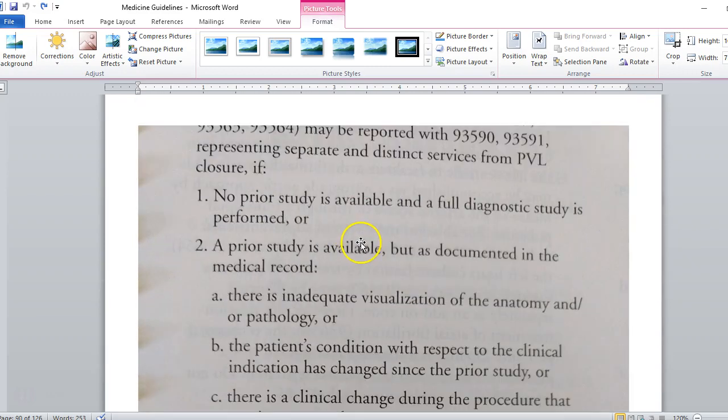Then guess what? The same guidelines that we see over and over again for the angiographies show up again. Keep in mind, the angiography is included in these codes.